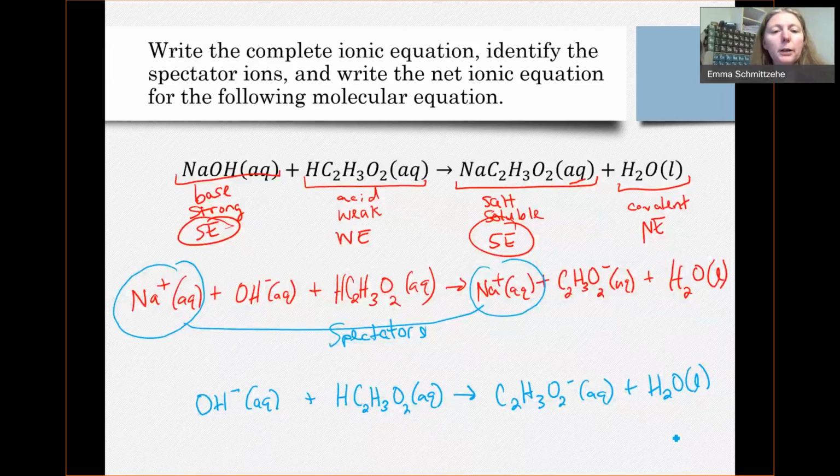And so that would be our net ionic equation. Okay, so hopefully those examples helped you to understand a little bit better what we mean by molecular equation, complete ionic equation, and net ionic equation.